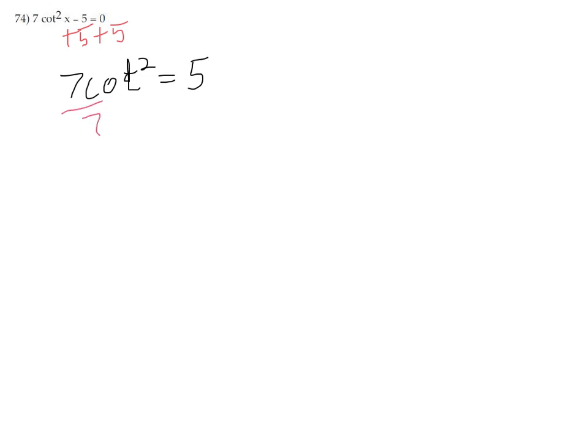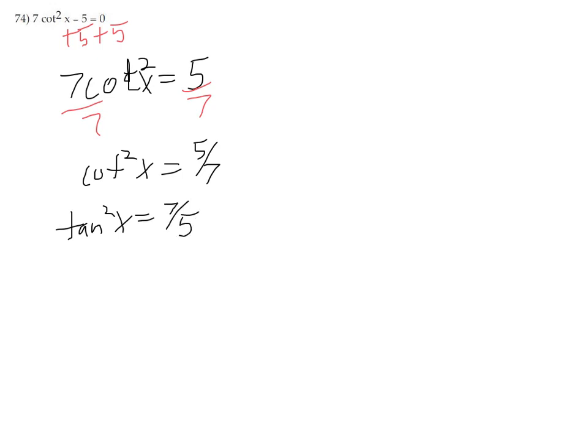Divided by 7, cotangent squared x equals 5/7. I don't like cotangent squared. I'm going to go to tangent squared instead, and that'll be 7/5. Then square root, because we haven't solved for tangent yet. Tangent x equals plus or minus square root 7/5.